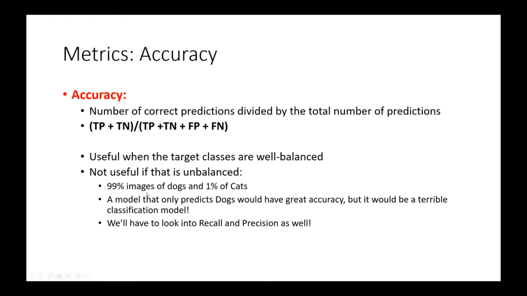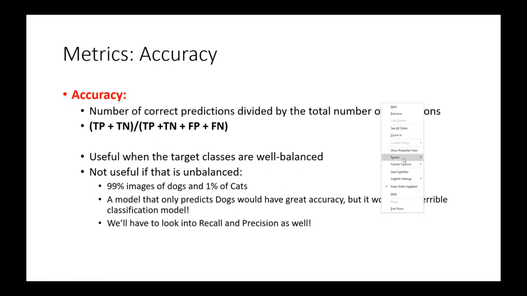If I have 99% images of dogs and 1% of cats, then a very simple model, such as a model that only says everything is a dog, has 99% accuracy. But it's a really, really bad model. So accuracy doesn't see it. Accuracy assumes that your data set is well balanced.